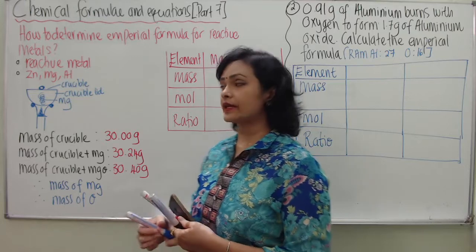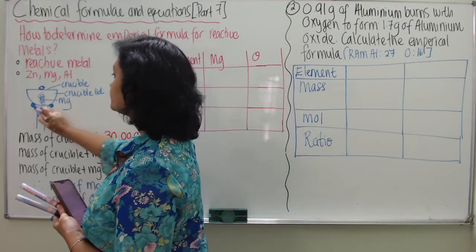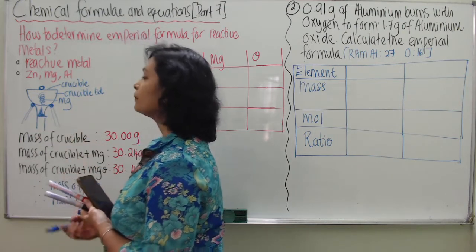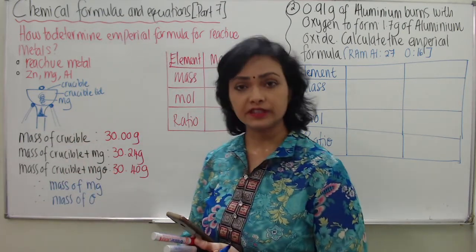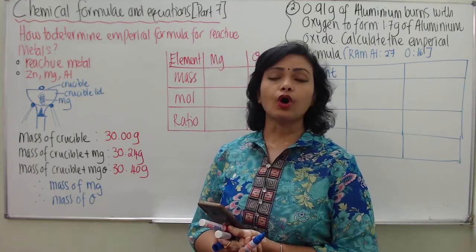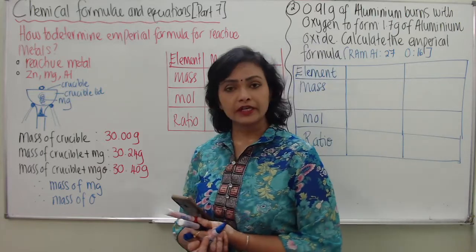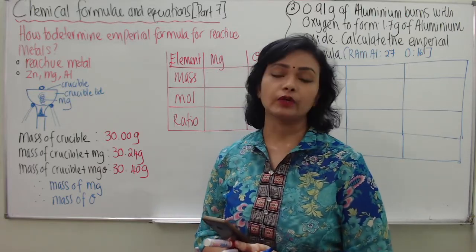Now, this is an example. What teacher has drawn is the example of how to determine the empirical formula for magnesium. Students can look up the procedure to determine empirical formula in reference books or textbooks.